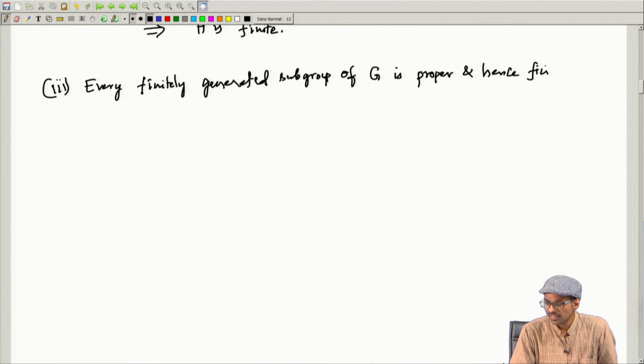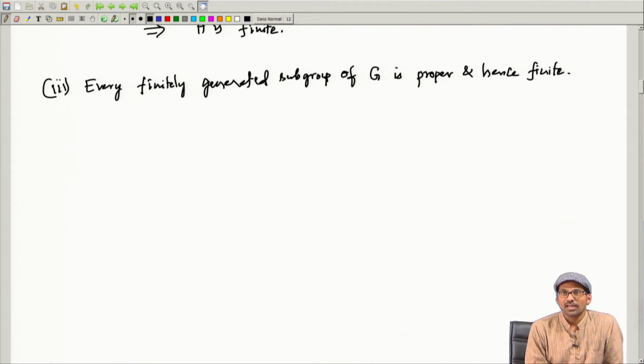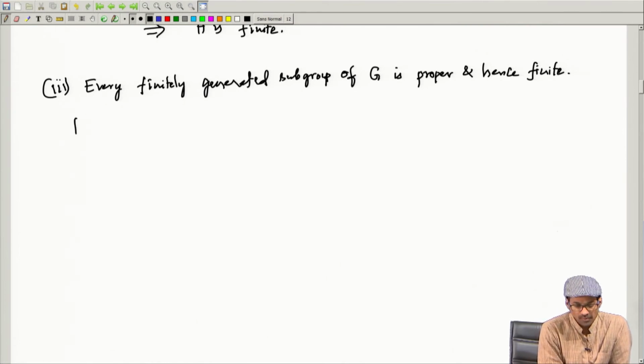Every proper subgroup is finite, we have shown. So, now show that finitely generated implies proper. Now, let us prove this.